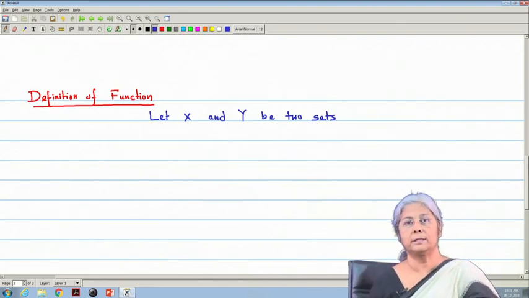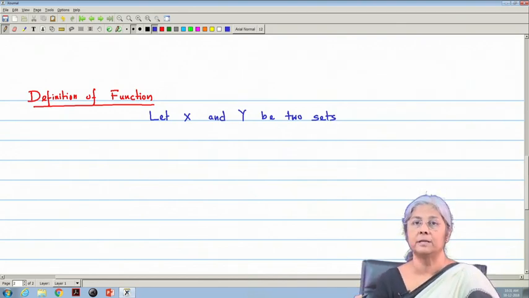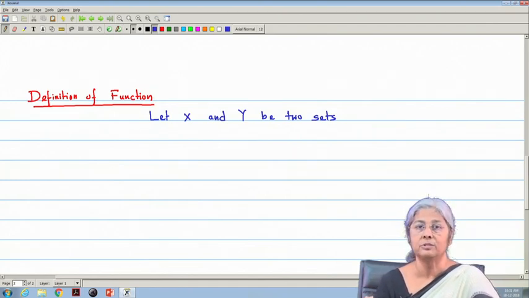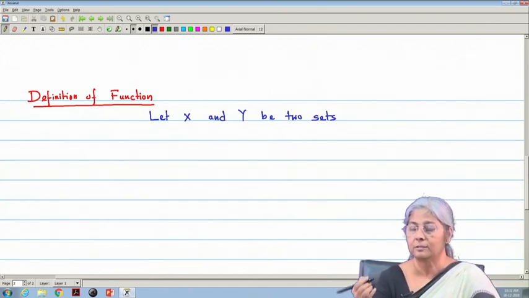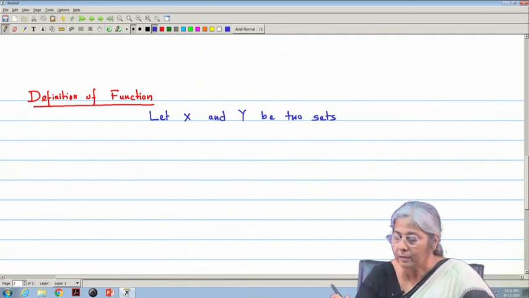Just now, with the example, we have defined x as the set of all real numbers denoting my time, and y is the set of values, the distance travelled.